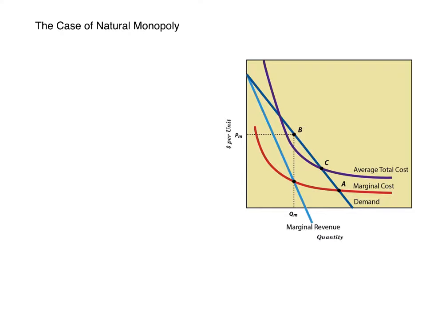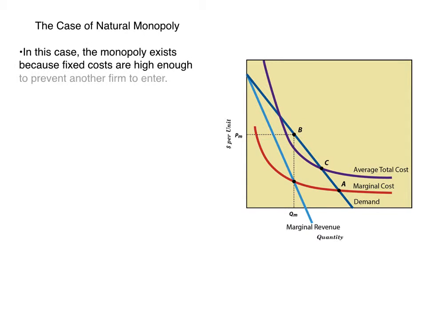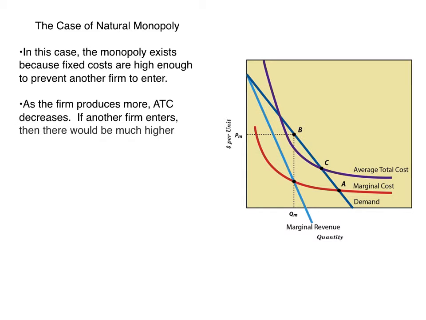And we've got another situation of imperfect competition, and that is the case of a natural monopoly. Now, in this case, the monopoly exists because fixed costs are high enough to prevent another firm from entering. As you can see on the graph, as the firm produces more in this special circumstance, average total cost decreases.